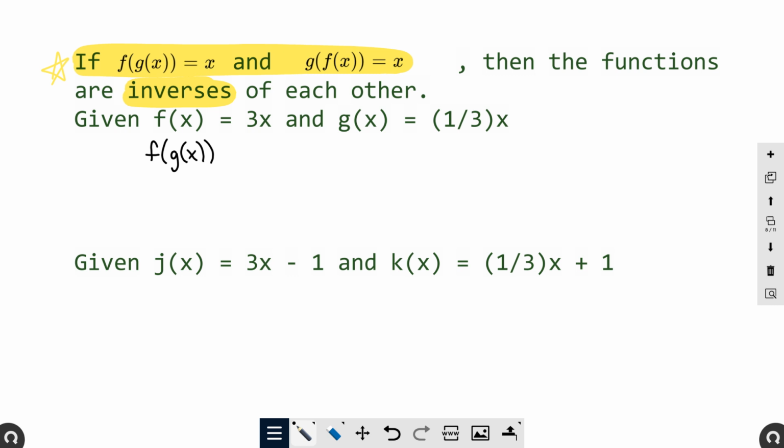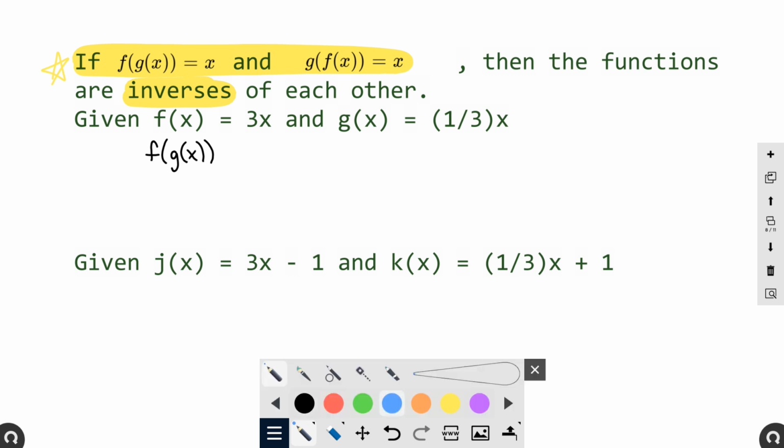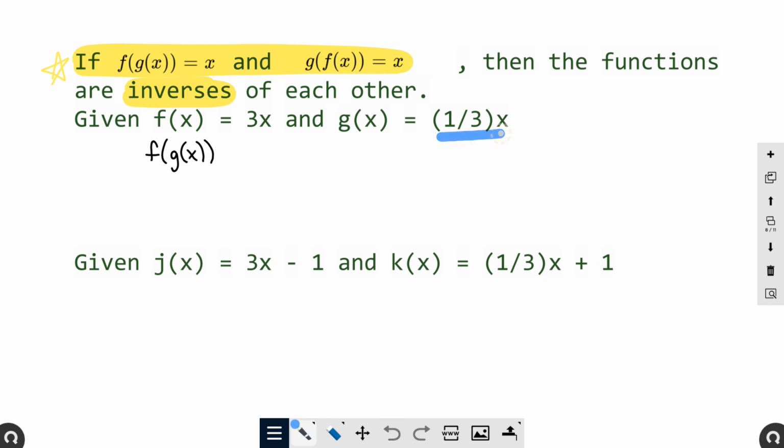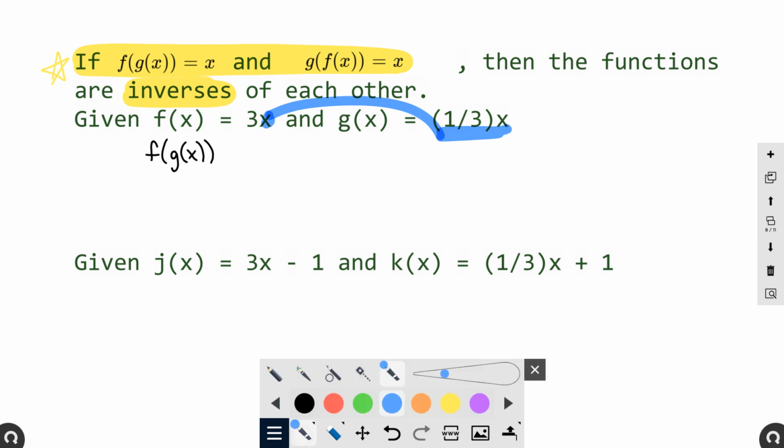G. So we're going to take function g and put it into function f. So we're taking function g and we're going to put it into x. They're going to replace.